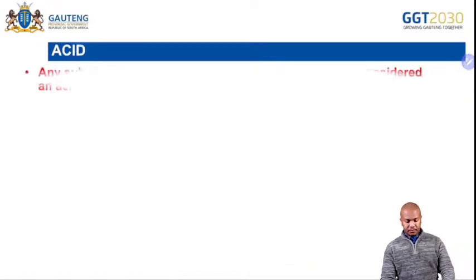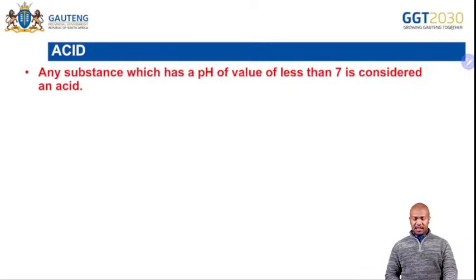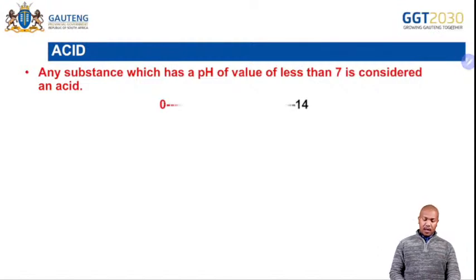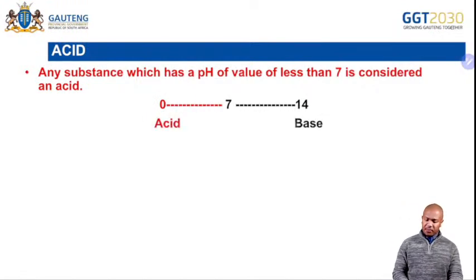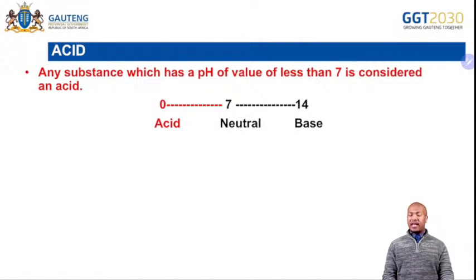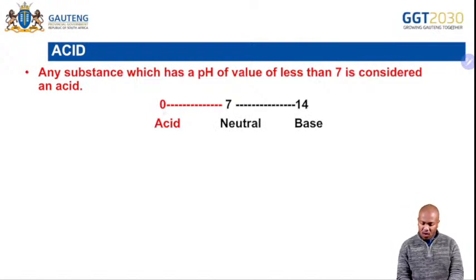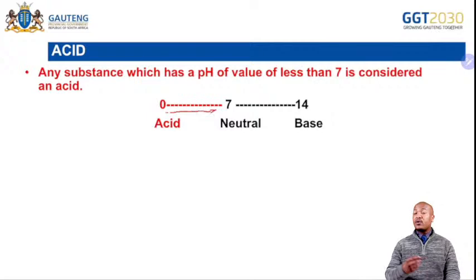Right. We said an acid is any substance with a pH value of less than 7, and it is considered an acid for that, right? And we have a pH scale here again. So on this pH scale, look at the coding there, right? From 0, we have all the red there, right? That's if we use those blue and red litmus paper, right? We have all the red here, indicating what?